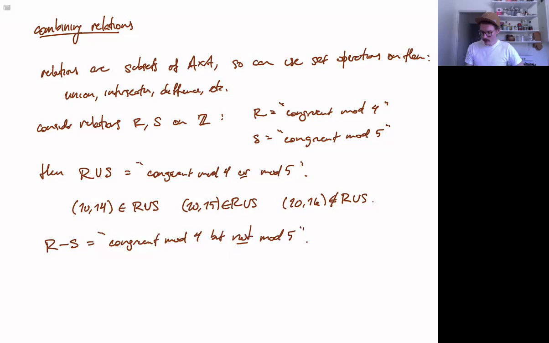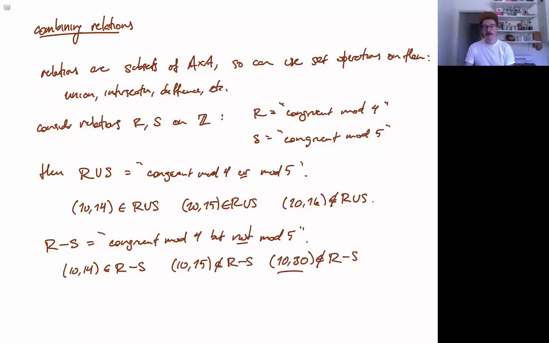So for example, (10, 14) is in R minus S, because these are congruent mod 4 and not congruent mod 5. (10, 15) is not in R union S, or sorry, is not in R minus S, because these are not congruent mod 4. And for example, (10, 30) is also not in R minus S. These are congruent mod 4, but they are also congruent mod 5. So they are disqualified by being also related in S.